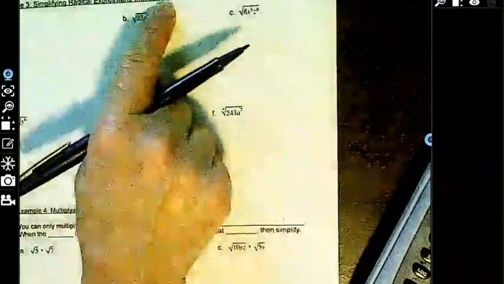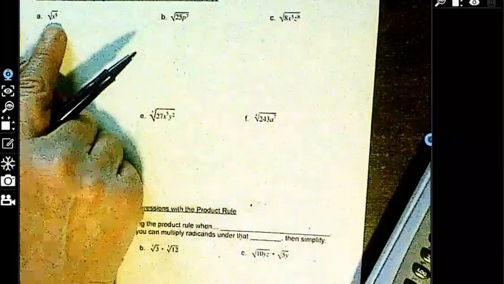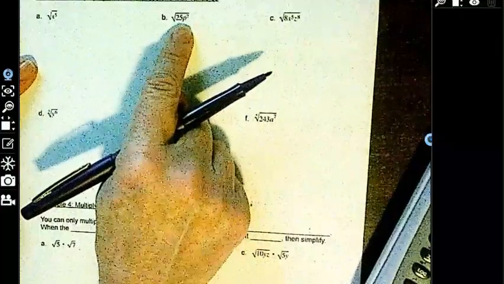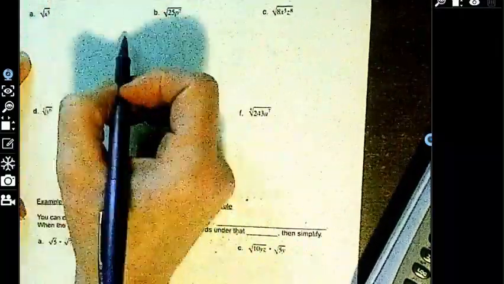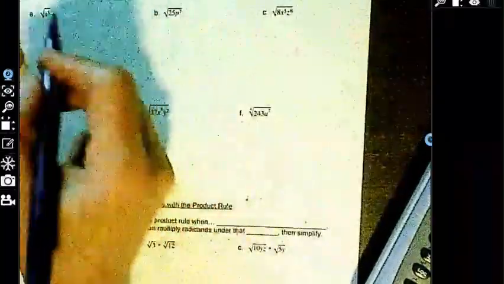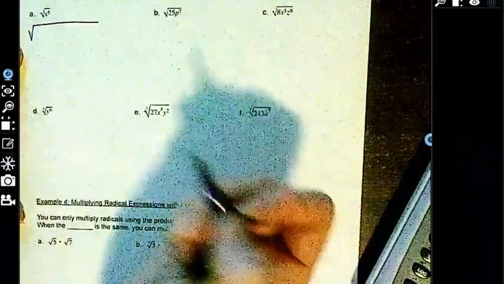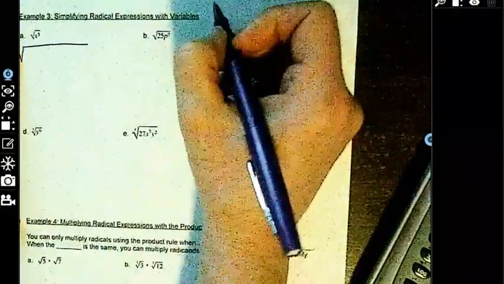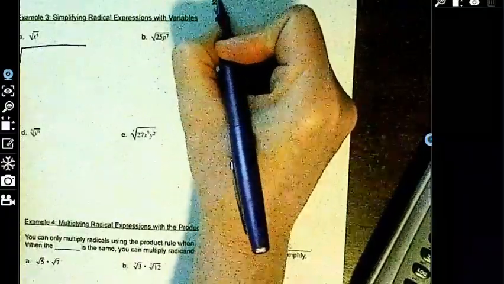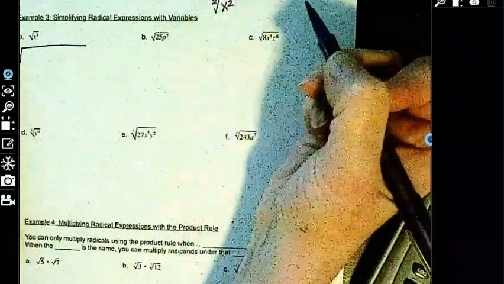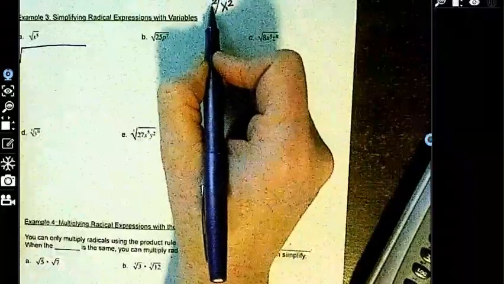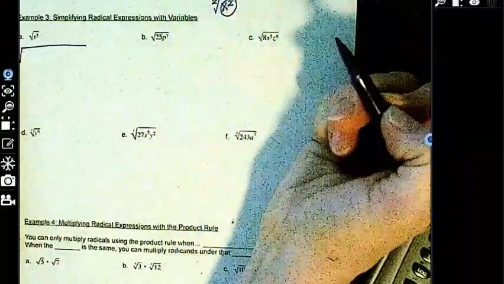All right, let's flip and talk about simplifying expressions when we have variables, because we don't just have numbers under the radical. How do we do variables? So this is what I want you to think of. You're factoring. I'm not going to keep writing the square root multiple times. Let's just think about it this way. I'm going to take x to the 5th. I know the square root of x squared, what variable, when multiplied by itself twice, gives me x squared?